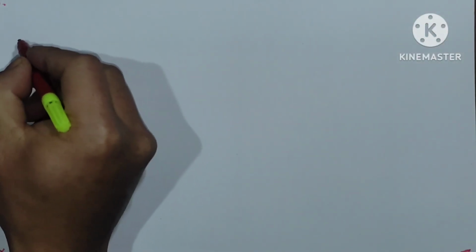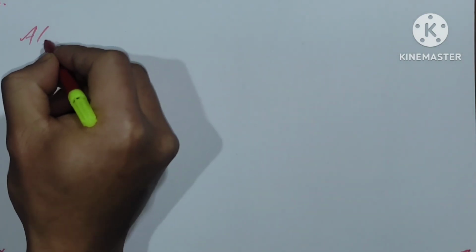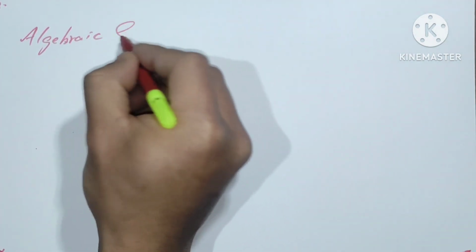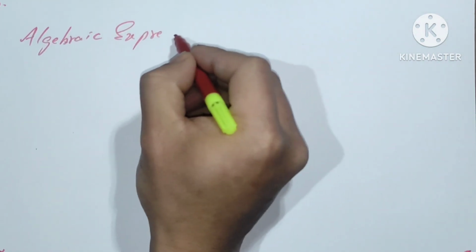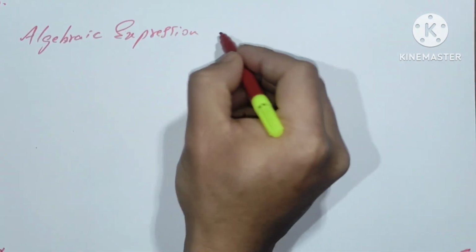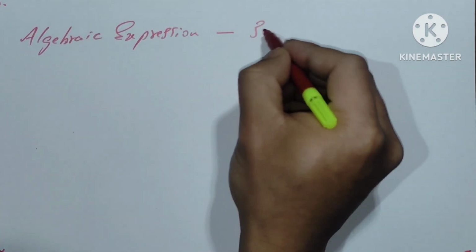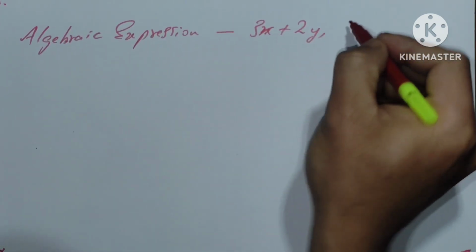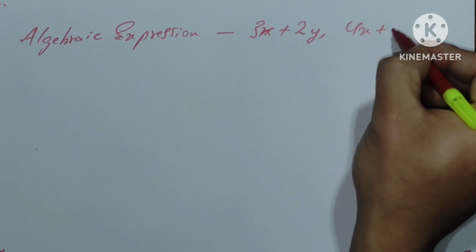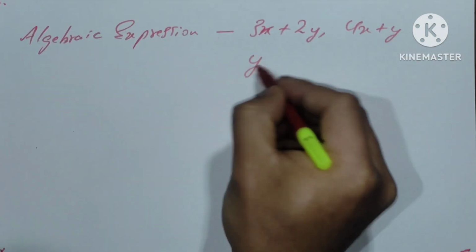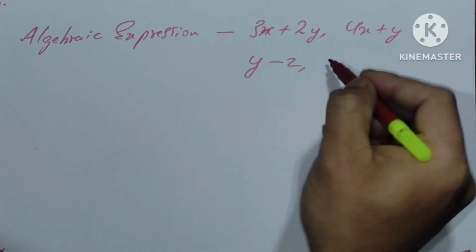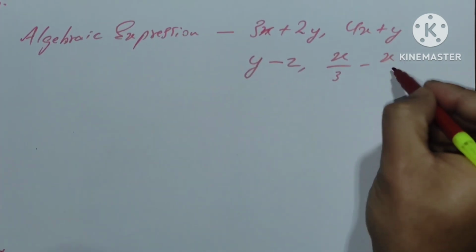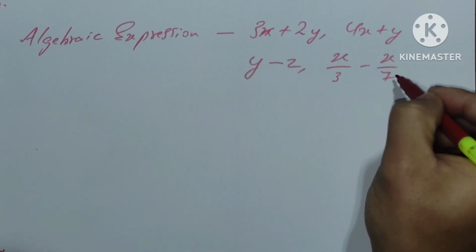An algebraic expression is an expression built up from constant numbers, variables, and algebraic operations. Examples like 3x plus 2y and 4x plus y and y minus z. These all are our algebraic expressions, like x by 3 minus x by 7.